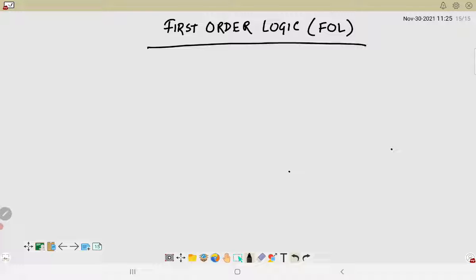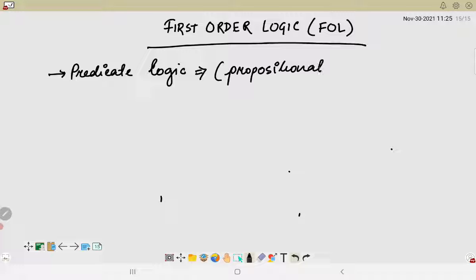First order logic is also known as predicate logic. It is another way of knowledge representation which is an extension of propositional logic, which means that predicate logic is basically propositional logic plus some powerful factor, plus x, and this x is basically representing complex sentences.